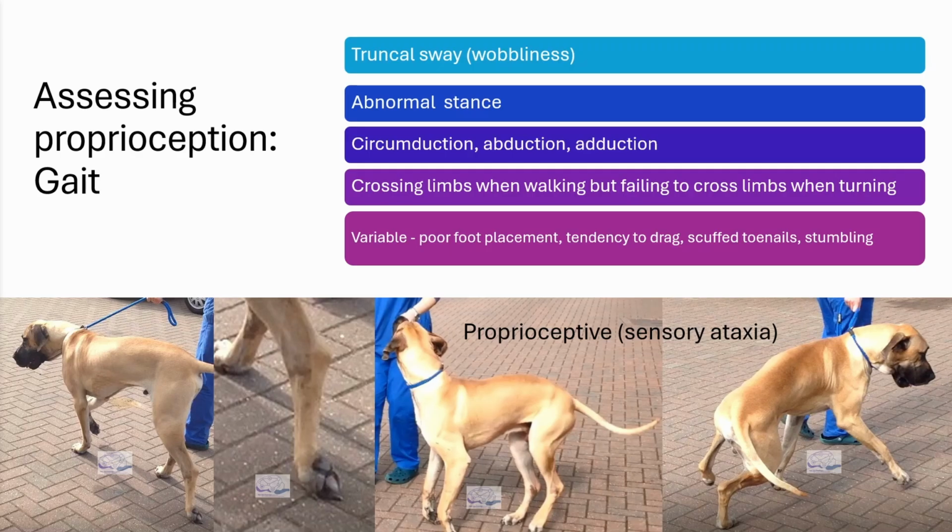And these still photos are from a Great Dane that has a cervical spinal cord lesion and demonstrates much of a proprioceptive, which is also called a sensory ataxia.